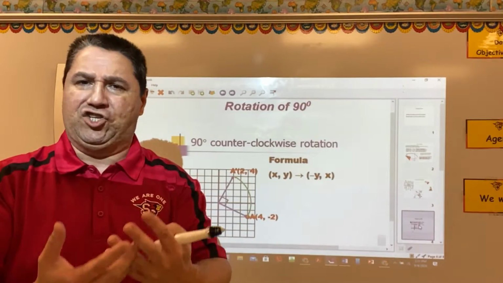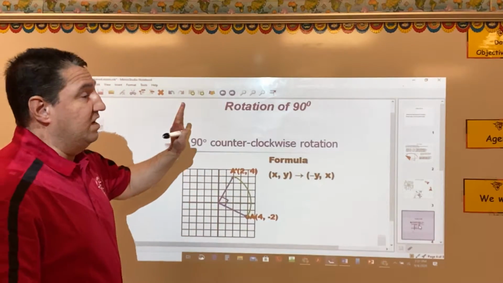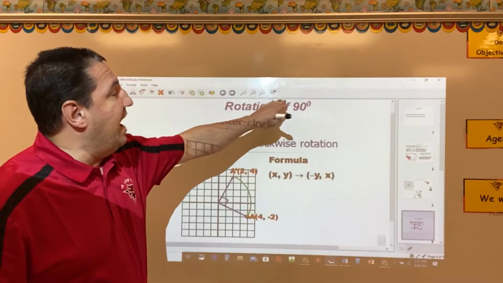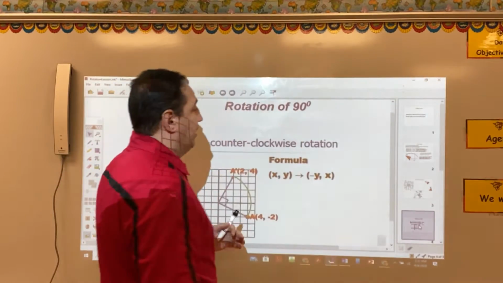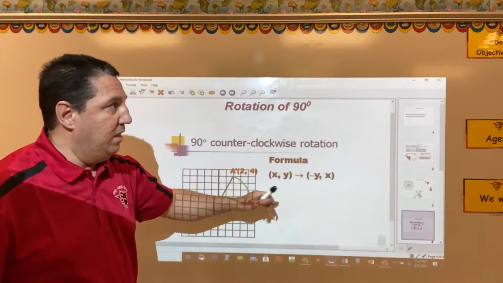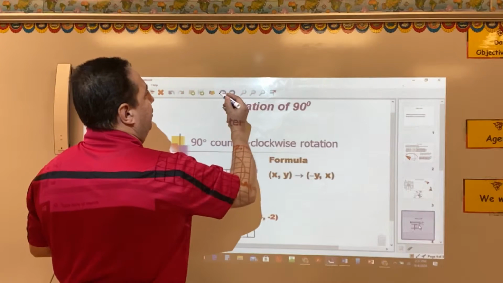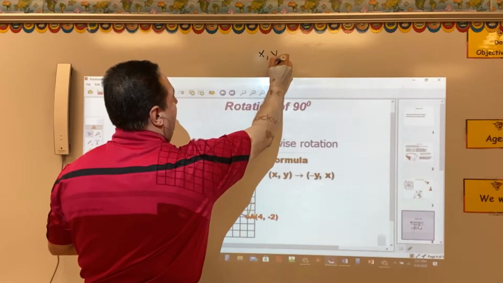Now, let's talk about a few special angles of rotation. The first special angle of rotation is 90 degrees. Rotation of 90 degrees has this rule. So let's write here the rule of rotation of 90 degrees.